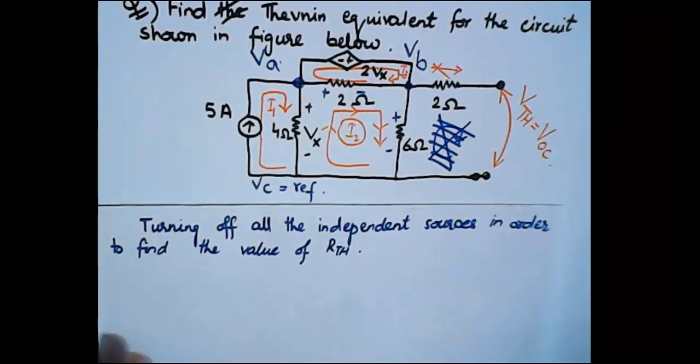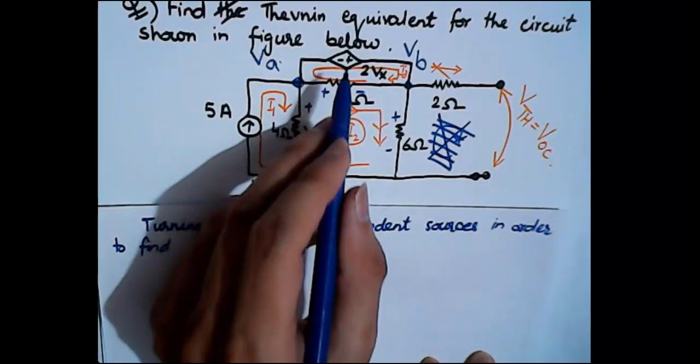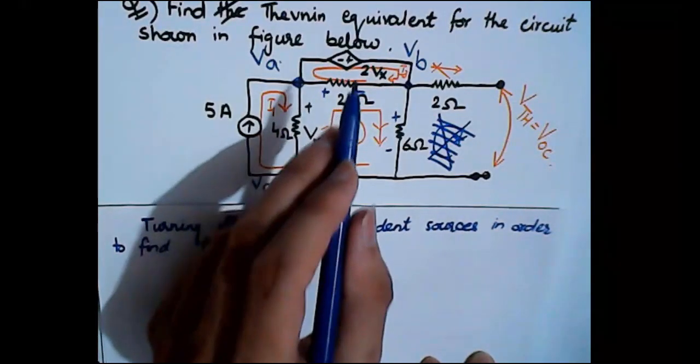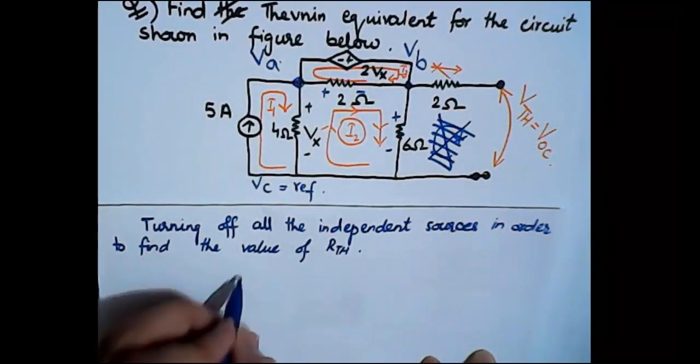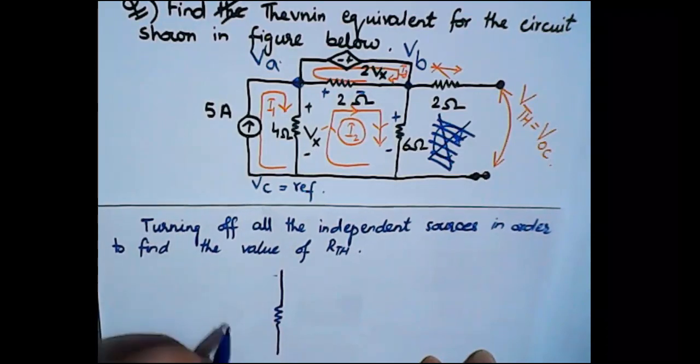So what will our circuit look like? We will open this source, and there will be no impact on this source. Why? Because it is a dependent source. Always remember that.